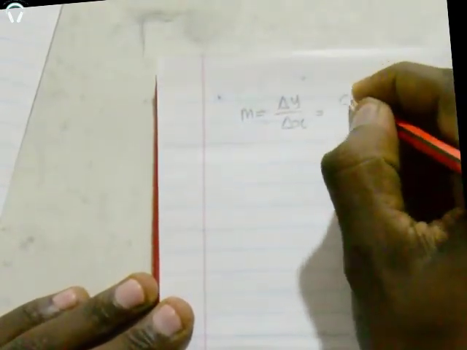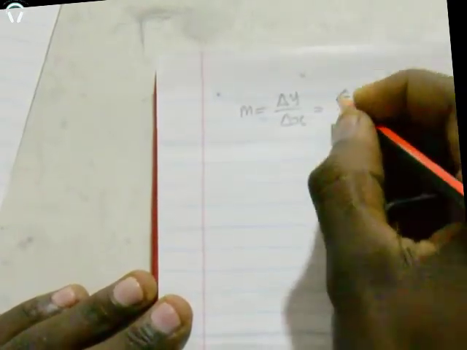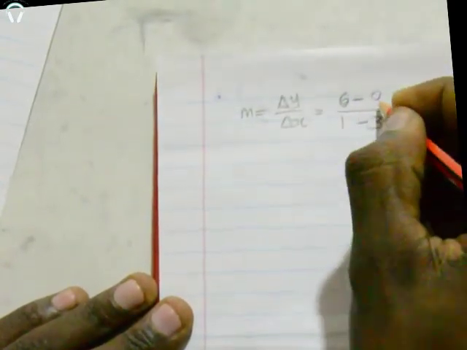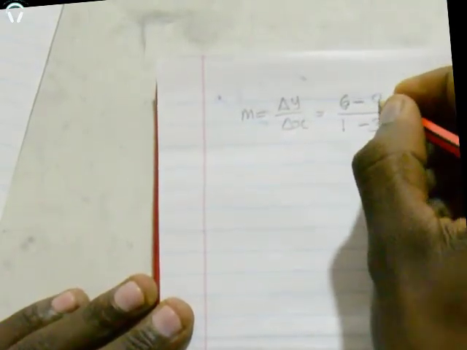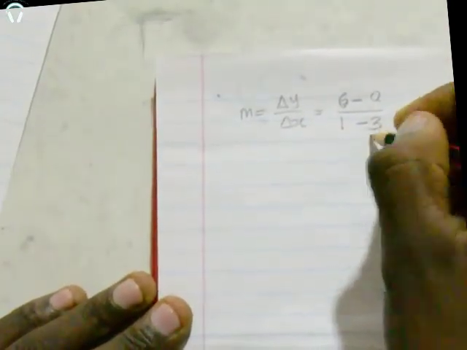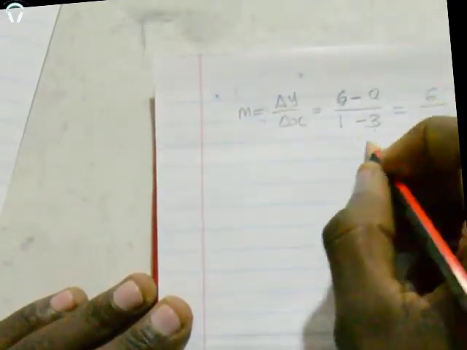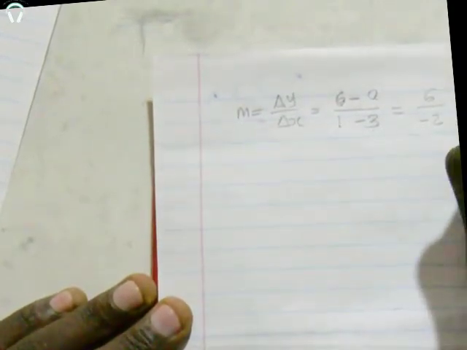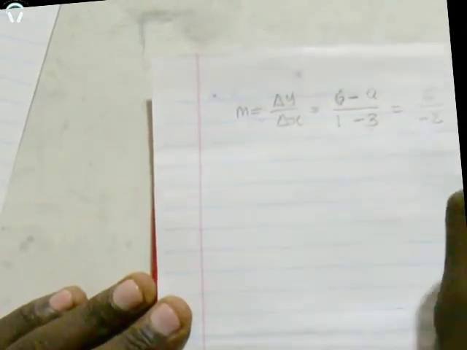Gradient of AB: 6 minus 0 over 1 minus 3. 6 being the y coordinate of the point A, and 1 being the x coordinate of point A, 0 being the y coordinate of point B, and 3 is the x coordinate of point B. Just simplify further. 1 minus 3 is minus 2, so 6 divided by minus 2 is minus 3. So the gradient of AB is minus 3.